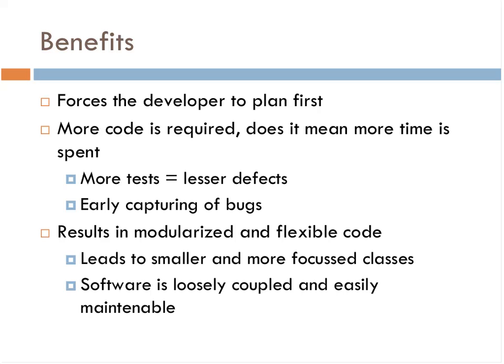It tends to be better designed with TDD, because it's loosely coupled with the different functionalities, and it's easily maintainable because it's in small units, and you have the tests to help you with the maintenance.